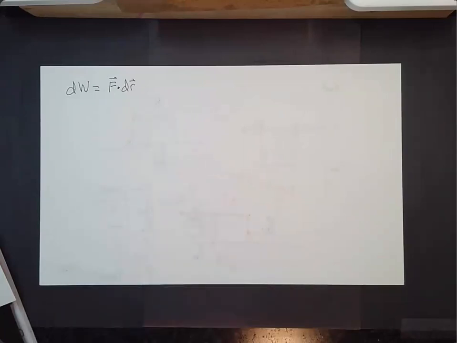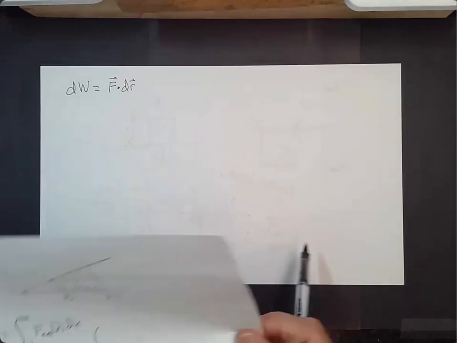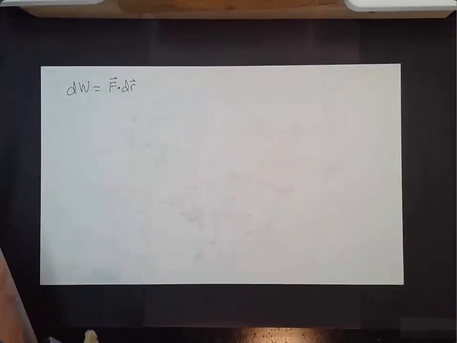If F and dr are parallel, then you get the magnitude of F, magnitude of dr, cosine of 0. But if they're perpendicular, you don't get any work that's done. So kind of weird things going on with this stuff, but that's our basic definition of work.